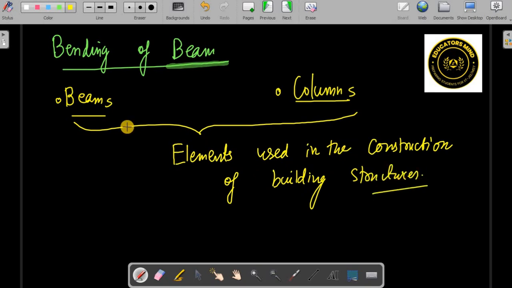And how do they look? A beam is known as the horizontal element, and columns are the vertical elements.